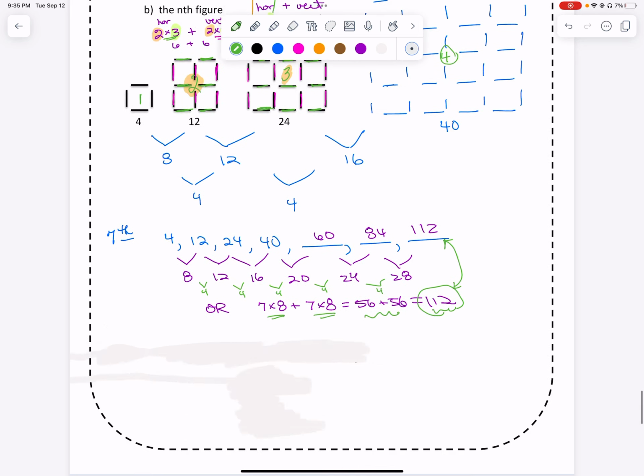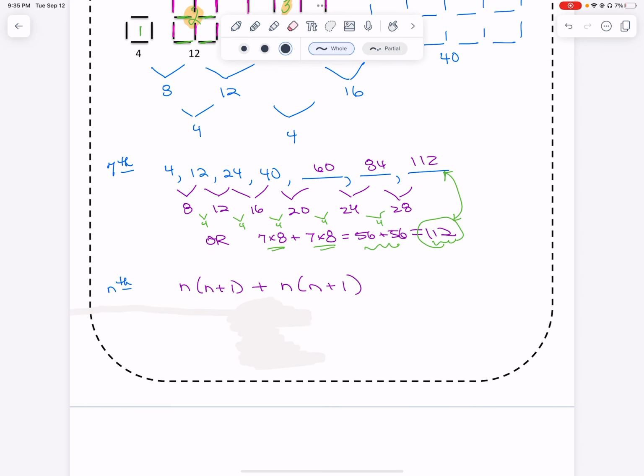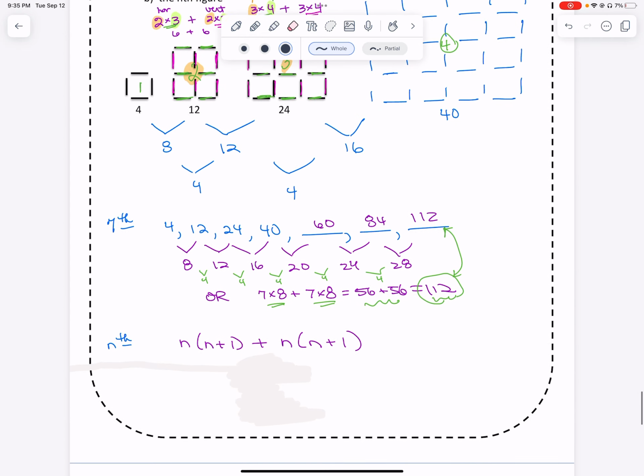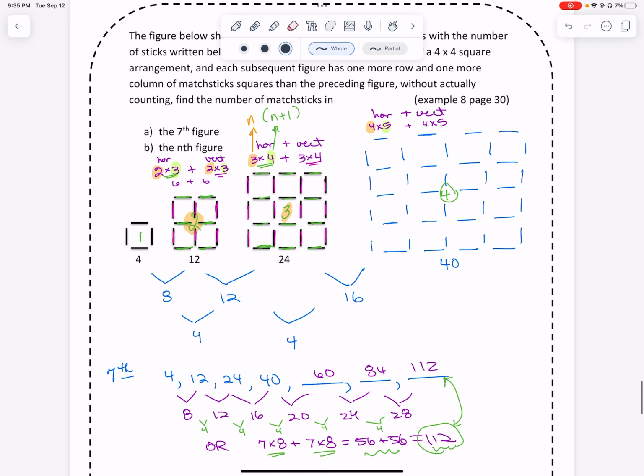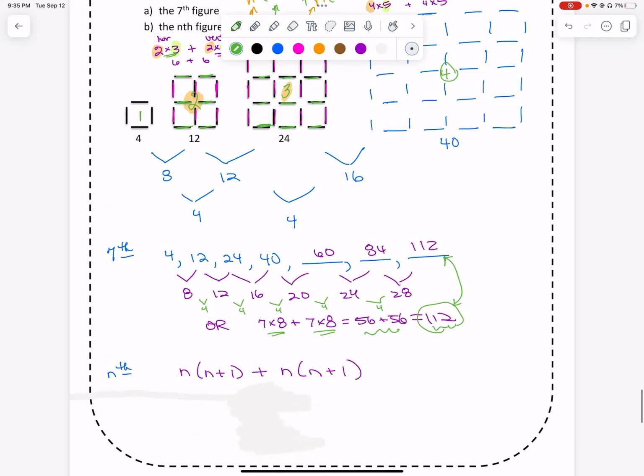All right. So our formula could be this: n times n plus 1, and I have it twice, right? I have another one. N right here, there's my n, and there's my n plus 1. And then I just add those guys together.